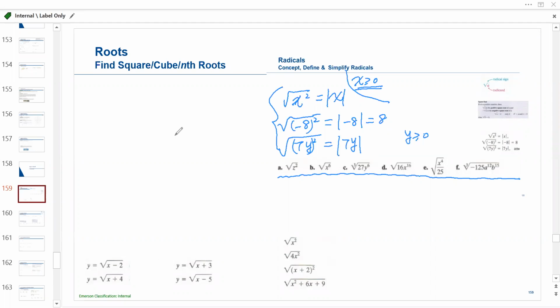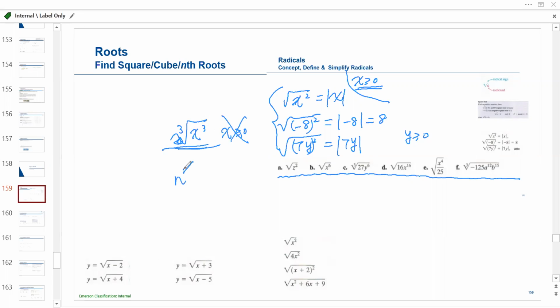So for the cubic root, negative numbers are not a problem, positive numbers are fine. The radicand underneath doesn't require x to be greater than or equal to 0. X can be any number when it's a cubic root.